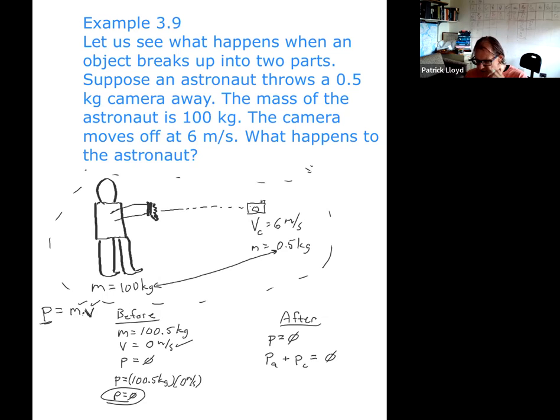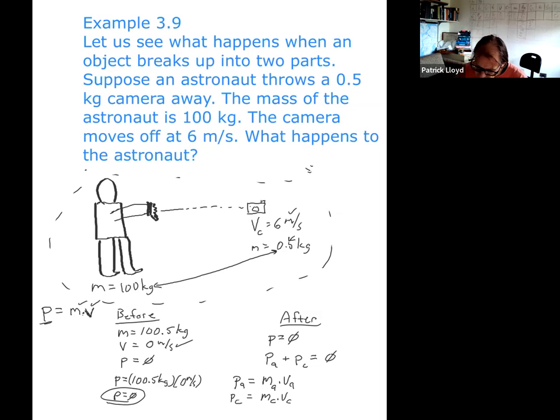So what do we know? We know the camera has a mass of 0.5 kilograms and has a velocity of 6 meters per second. But we don't know much about the astronaut in terms of the velocity. The velocity is unknown, but we do know the mass of the astronaut. And we do know that when we add that to the camera's momentum, mass of the camera times speed of the camera, those two together are going to add up to 0.